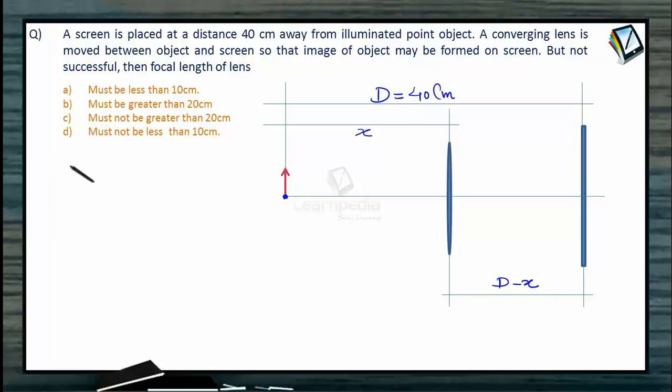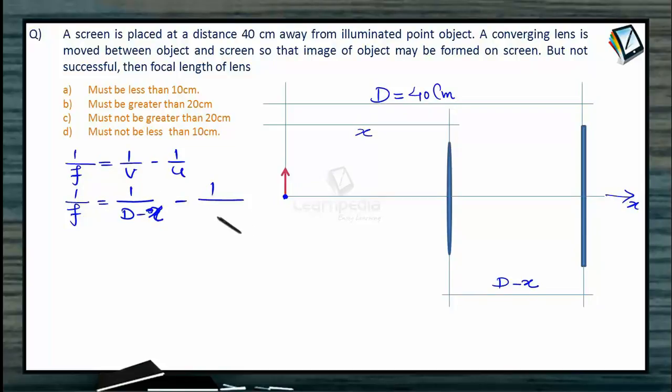If we apply the lens formula, 1 upon V minus 1 upon U is 1 by F, then 1 by F is equal to 1 by V, where V is plus D minus X, as we know that this direction will be the positive direction. And U is minus X.